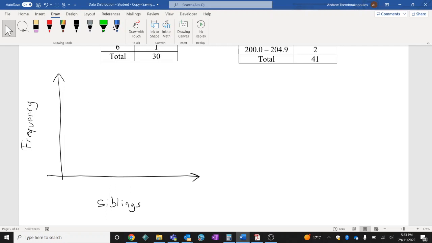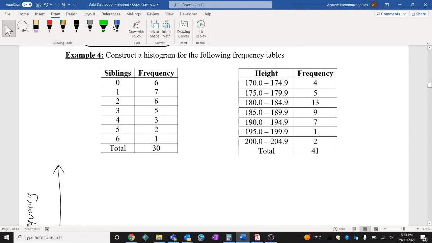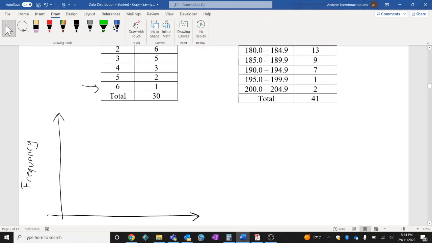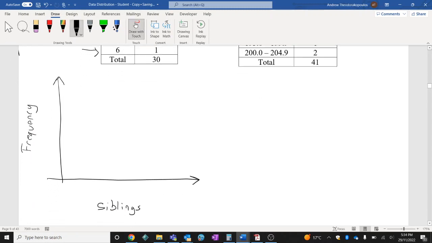Now, our siblings data goes from 0 all the way to 6. So we're going to call this 0, we're going to call this 1, we're going to call this 2, and so on.